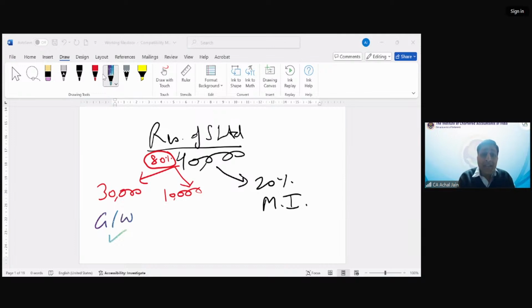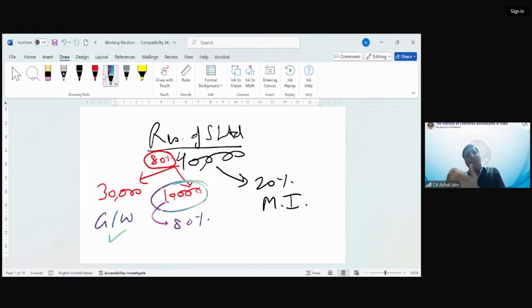What about this remaining 10,000? Has this been picked up by the holding company? No. See, 80% of this 10,000 has not been picked up, neither by minority nor by holding. So where does this belong to?